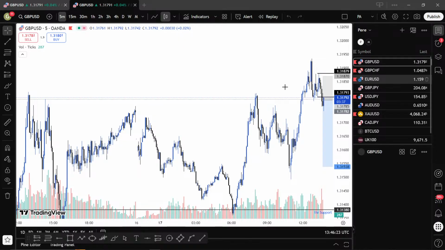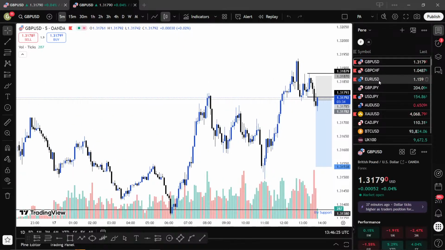So let me switch. Okay, GU. GU fell back in. Yes, this is a perfect time to sell GU. So let me quickly take it on my phone. GBP USD chart. I just sold GBP USD.